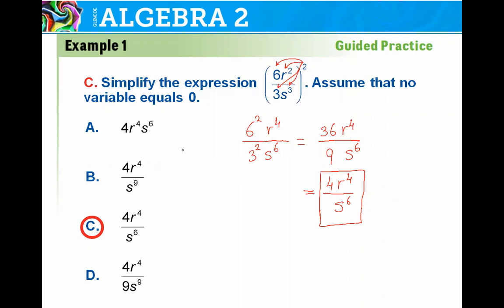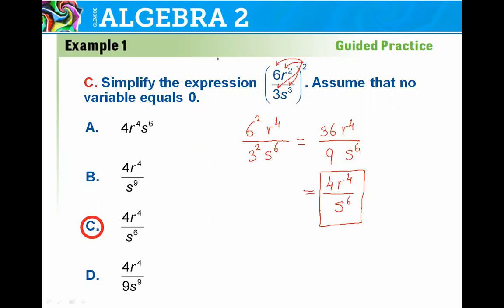But the coefficients, the numbers, we will divide. Okay? Yes, I know this, Mr., but my question was, where is the result of 36 divided by 9, why didn't you put it? 36 divided by 9 is 4.